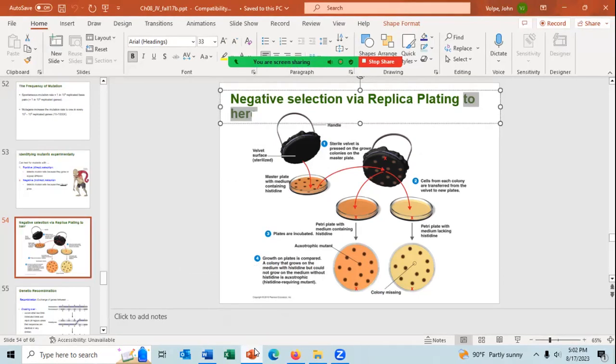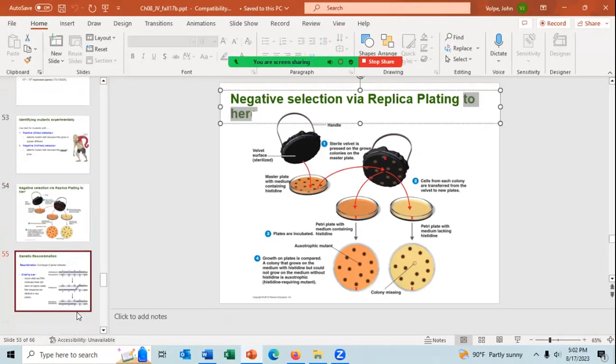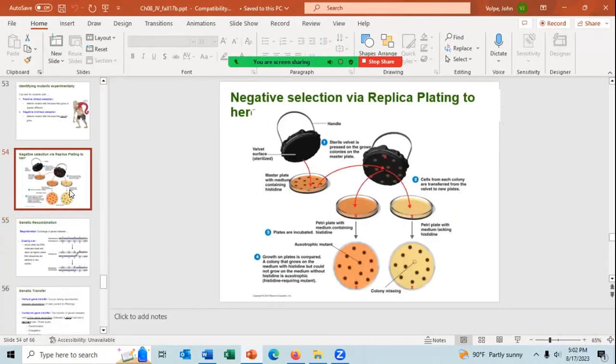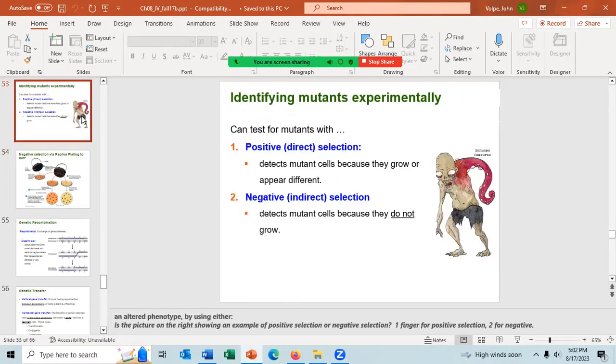I have that we were talking about negative selection. We haven't talked about recombination yet. Last time we talked about the different ways you could test for a mutant: positive selection and negative selection.